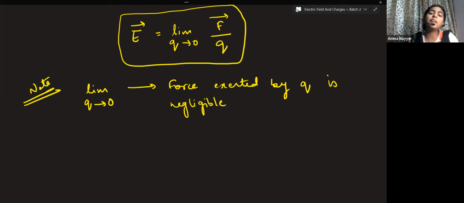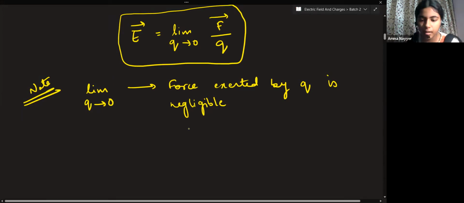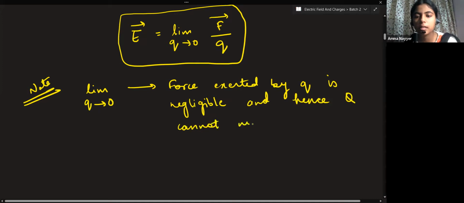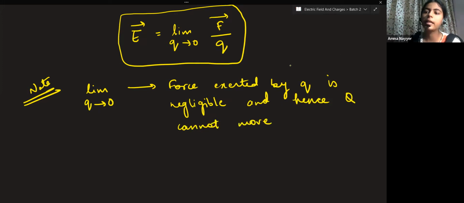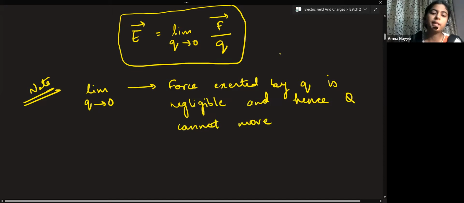Small q won't have so much force to move plus Q. So now plus Q will be stationary, and hence capital Q cannot move. So this is how you write intensity.